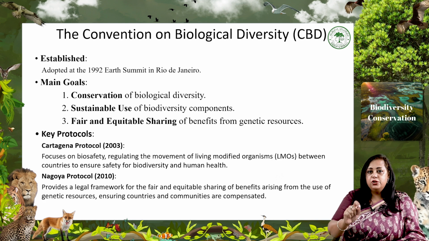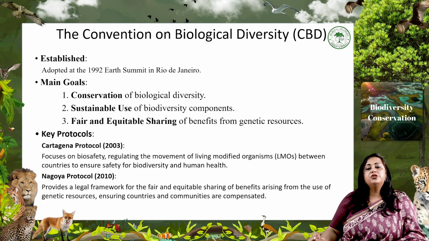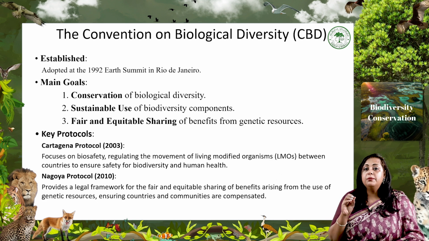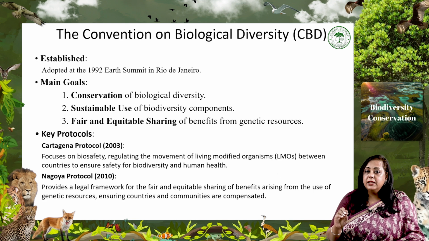So, these issues were addressed under the Convention on Biological Diversity, and this convention took place in Rio de Janeiro in 1992, and there were three main goals, three main objectives of the CBD. The conservation of biological diversity, yes, every nation should make effort to conserve biodiversity, and not only conservation but also sustainable utilization of the biodiversity.